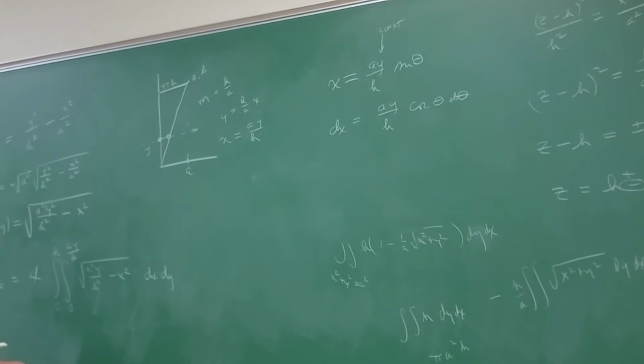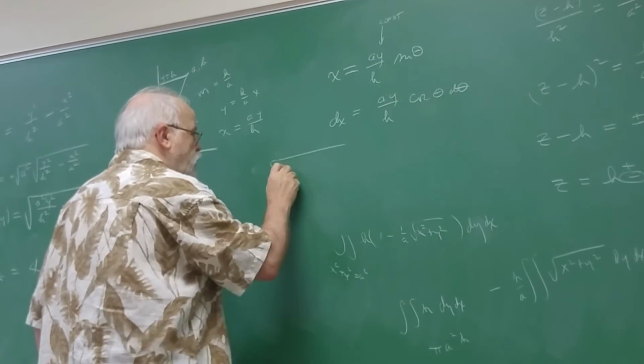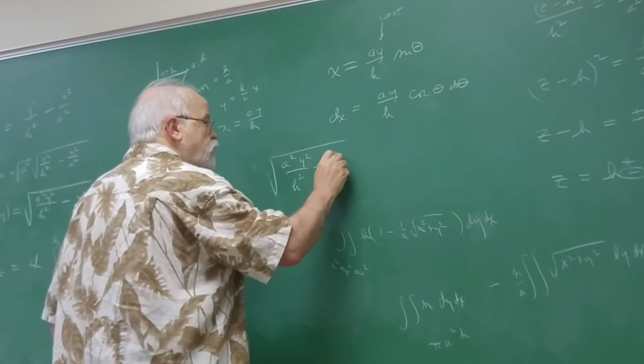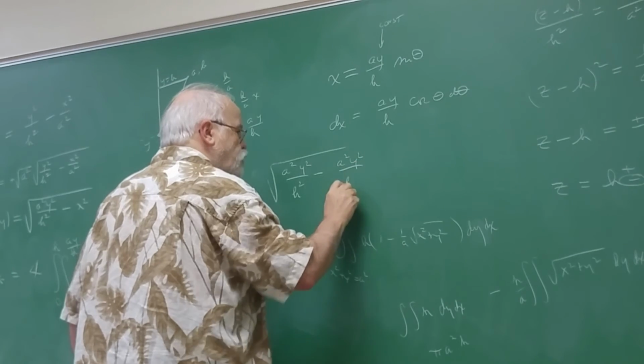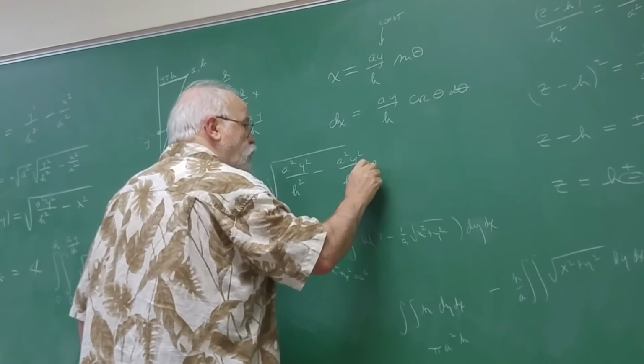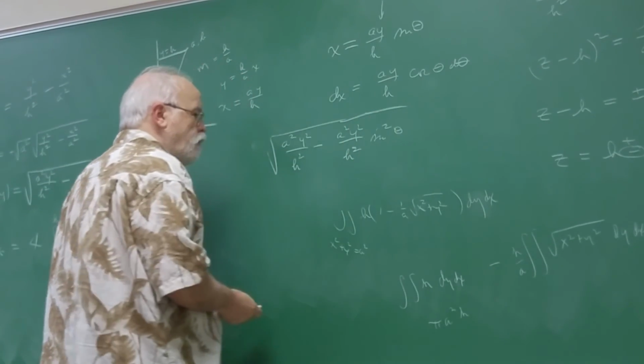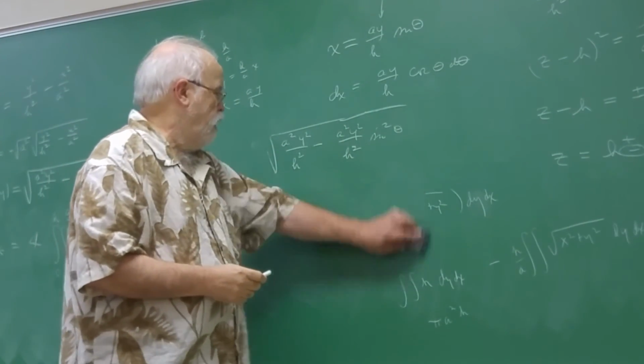And I also worry about the square root. The square root will be a squared y squared over h squared minus a squared y squared over h squared sine squared theta. So I'm going to factor it out.